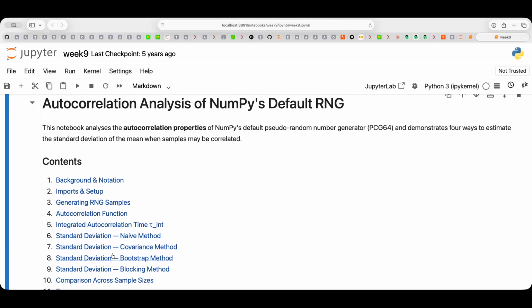So what you will see here is that with this random number generator, which has been widely tested, the stochastic variables are almost independent.